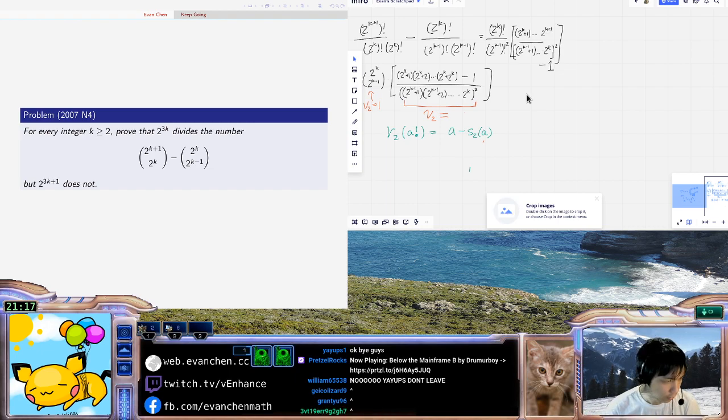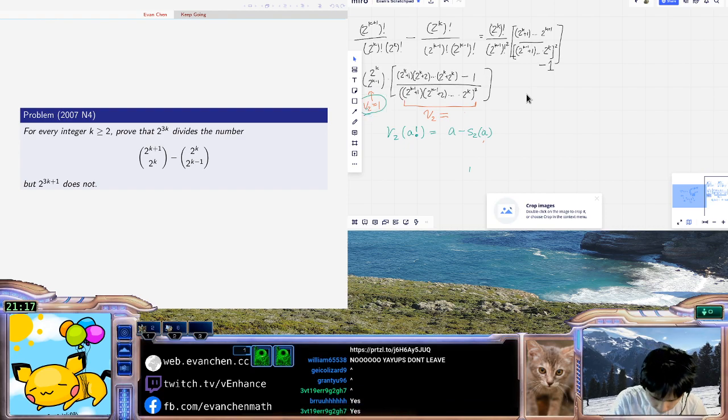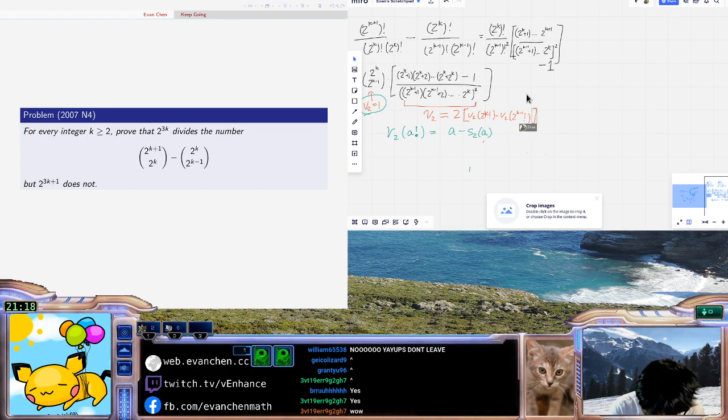So, 2^k. This one is definitely 1 as a result. And then this one, it's twice v2 of 2^k factorial minus v2 of 2^(k-1) factorial. So according to the formula, this should be 2^k minus 2^(k-1), and the 1 terms cancel out.